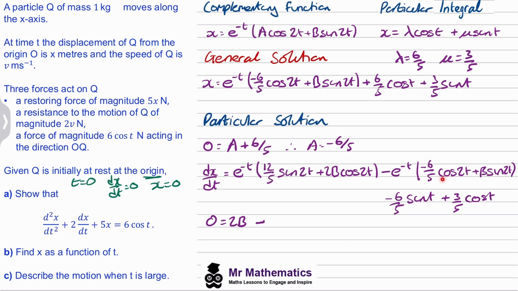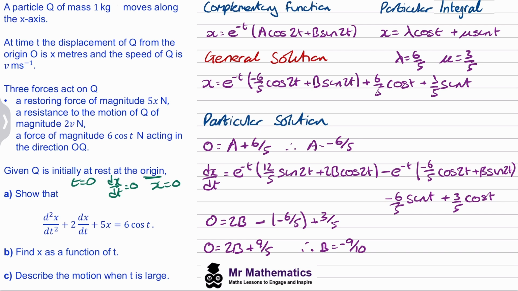The cos term will become 1, so we get negative 6 over 5. The b term will become 0. So will this term, and this will become positive 3 over 5. So I'll close that bracket and we'll add 3 over 5. So we'll get 0 is equal to 2b plus the 9 over 5. So therefore, b will equal negative 9 over 10.